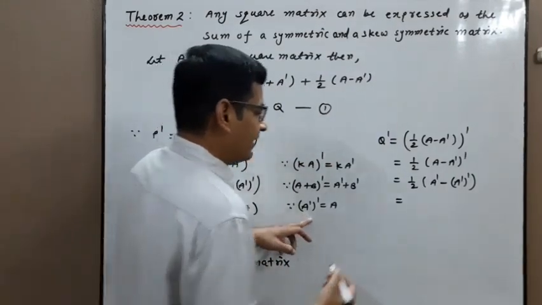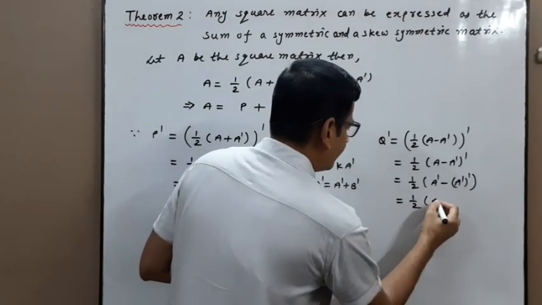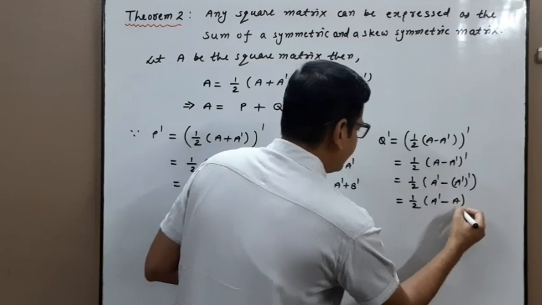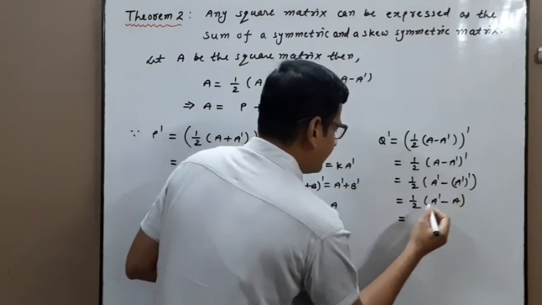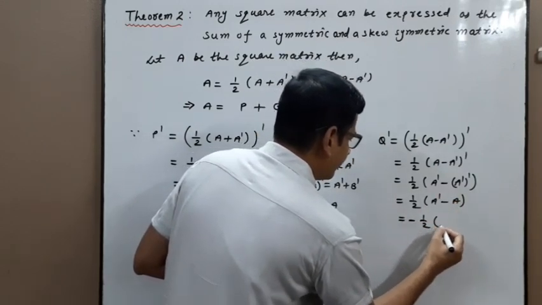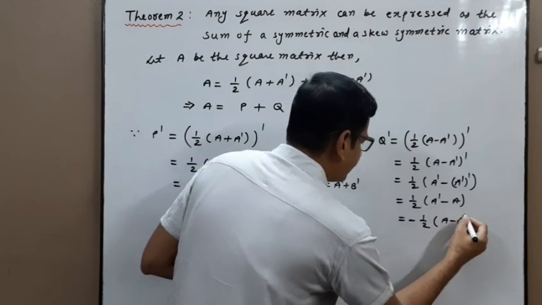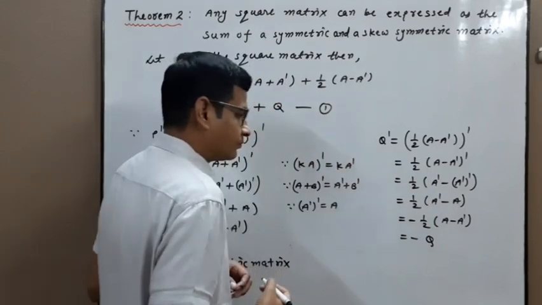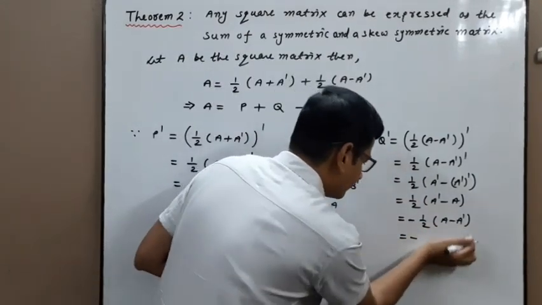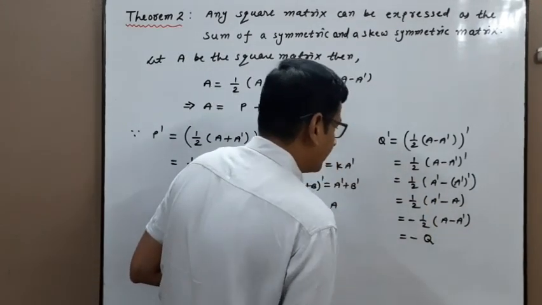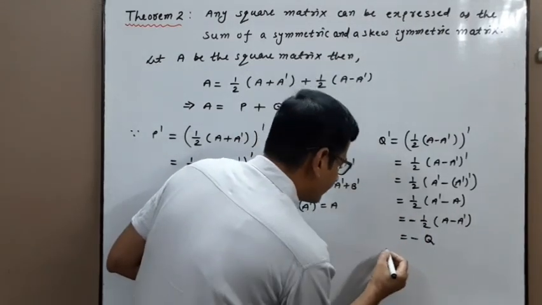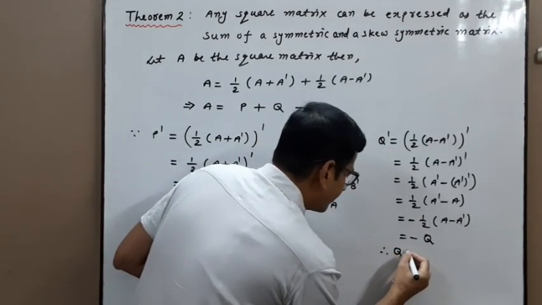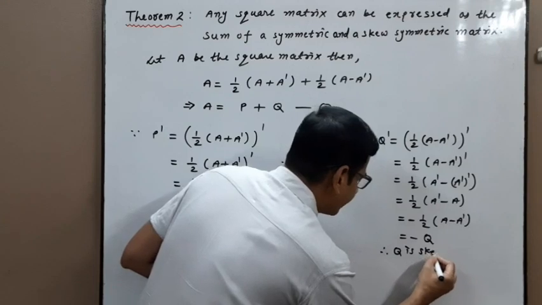Next step, same property, 1 by 2 (A dash minus A). Taking the minus sign common, we get minus 1 by 2 (A minus A dash), which is equal to minus Q. So Q dash equals minus Q. Therefore, Q is a skew symmetric matrix.